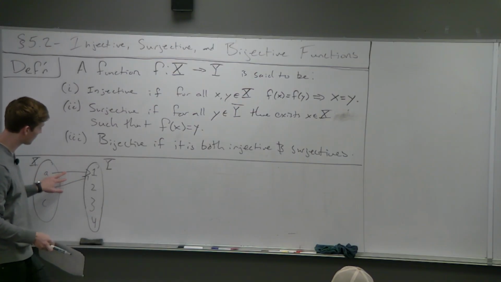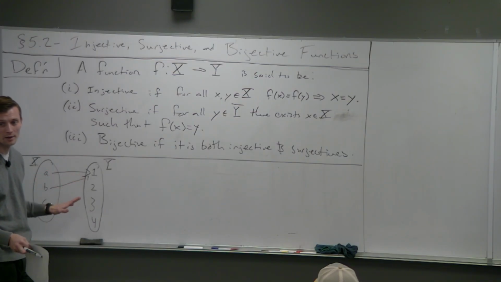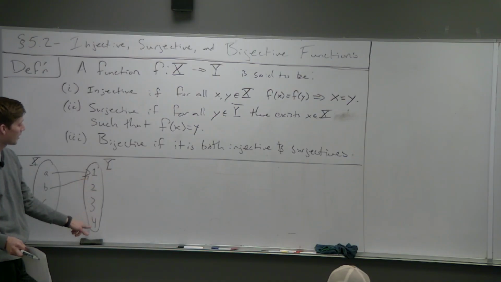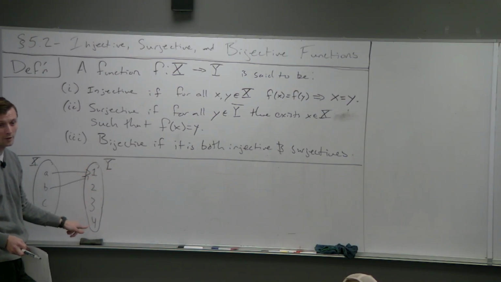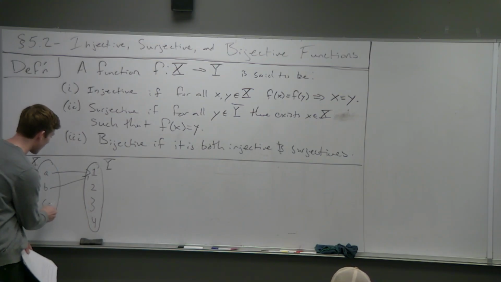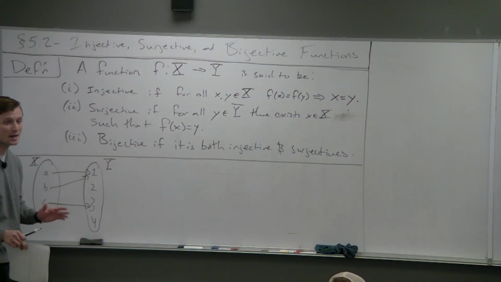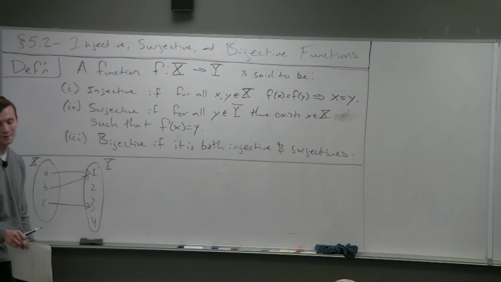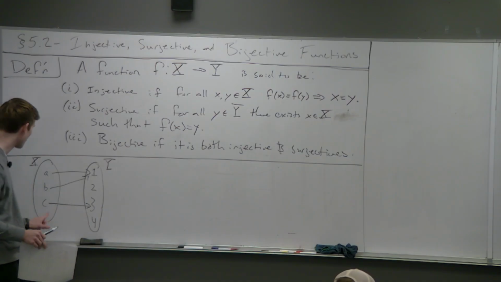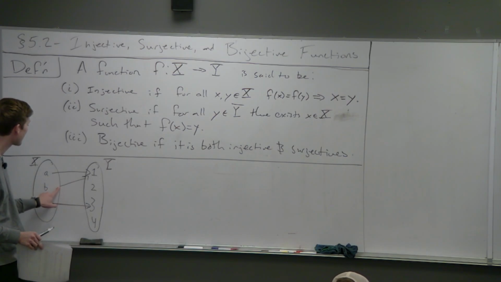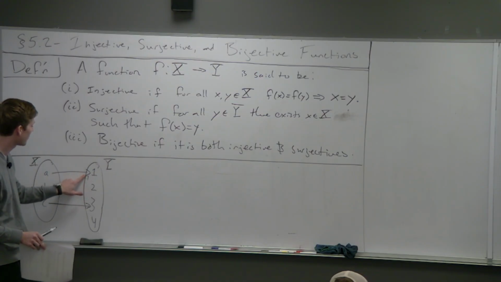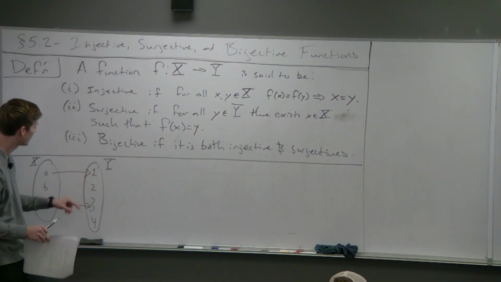That is, this case right here, not injective. You already know it. All you have to do is look at the stuff over in this Y column, the codomain, and say, hey, does anything have 2 arrows pointing at it? If anything has 2 arrows pointing at it, not injective. If anything has 3 arrows pointing at it, not injective, since having 3 arrows pointing at it means you also have 2 arrows pointing at it, right? Okay, so injectivity is just, hey, is there anything that gets pointed at more than once?